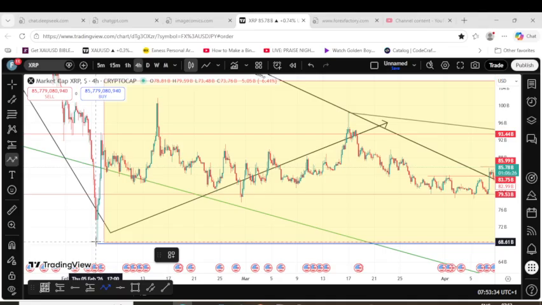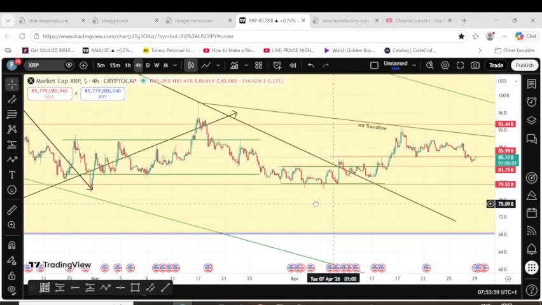That means price is showing significantly more indecision around these levels than it showed in the first and second blue boxes.